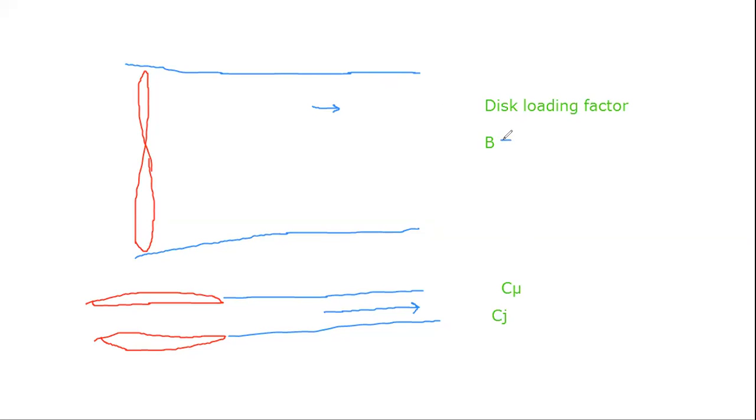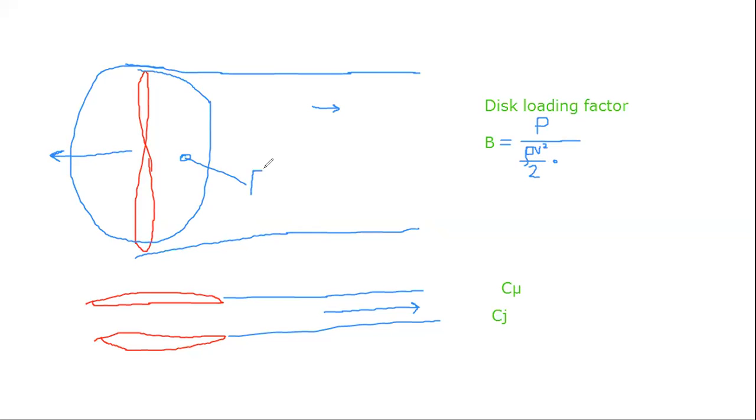And there is a formula for these coefficients. They relate thrust from the engine, P, divided by dynamic pressure, so this term, density times speed squared, divided by 2, and the area of the propeller disc, the propeller like a circle, and the area of this circle, what is F. For a wing we typically use S, but for the propeller sometimes F. So it's the disk loading factor.